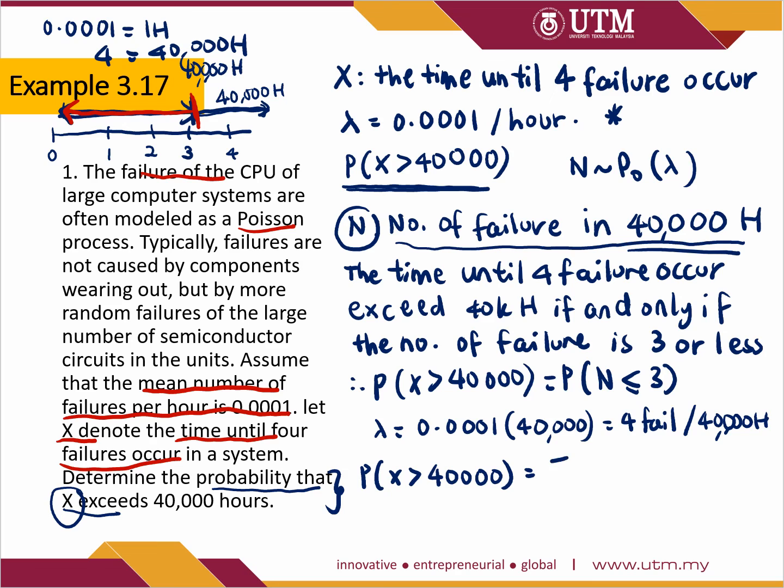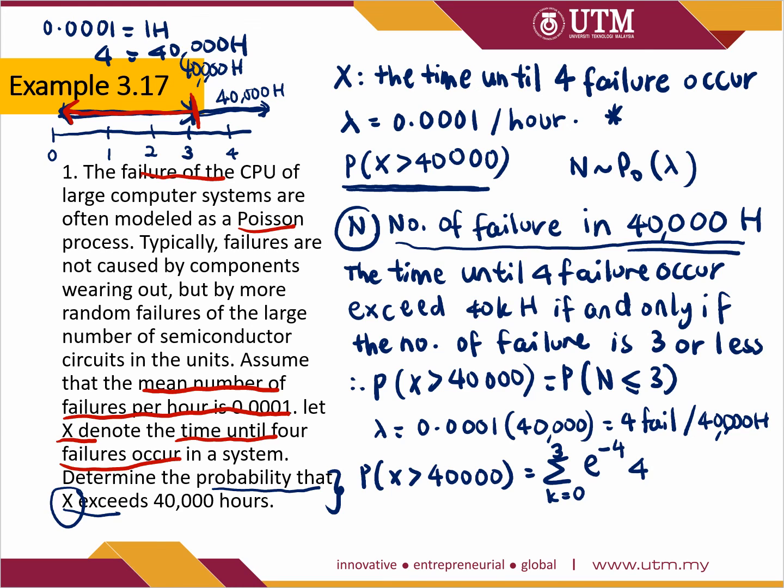So I will write it as a summation of the Poisson formula, e to the power of negative lambda, lambda to the power of k over k factorial, where k goes from 0 up until 3.